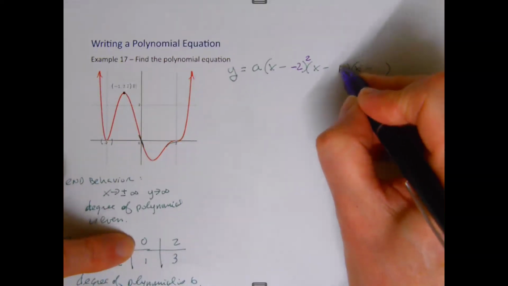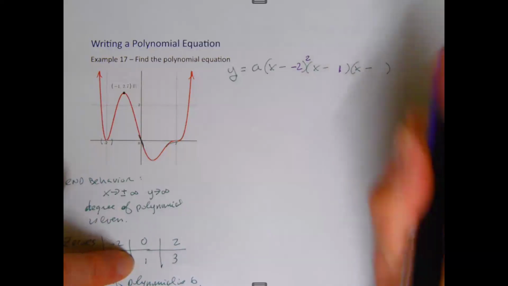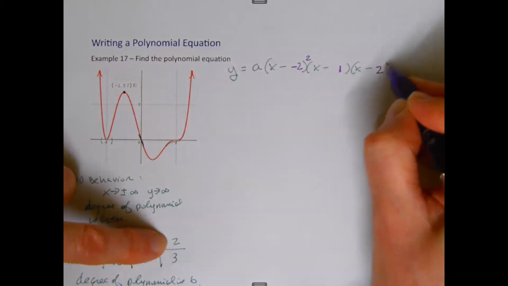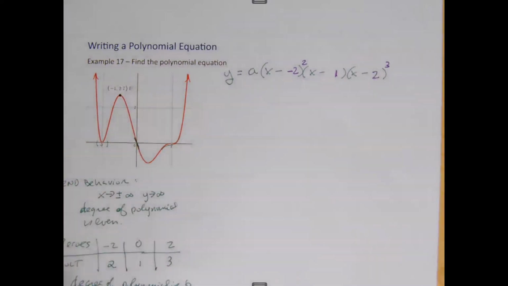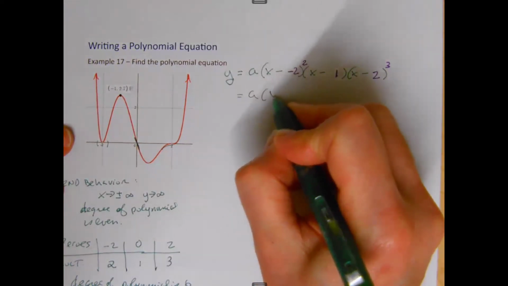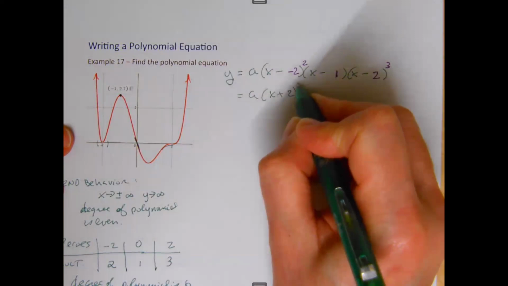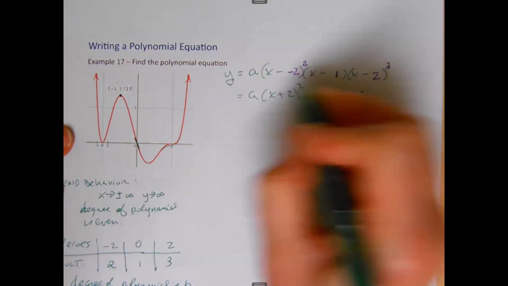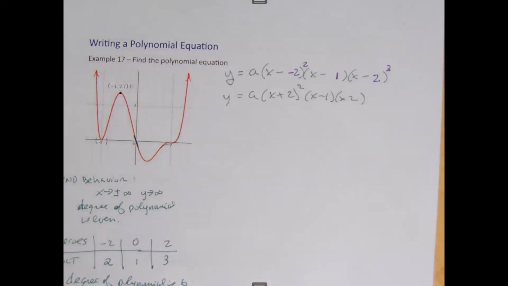The one at 0 is to the first power, multiplicity is 1, so I won't even bother writing that. Sorry, 2 is the zero and its multiplicity is 3. So I can clean this up a little bit. Just make this x plus 2 squared, x minus 1, x minus 2. All right, so that's what I have.